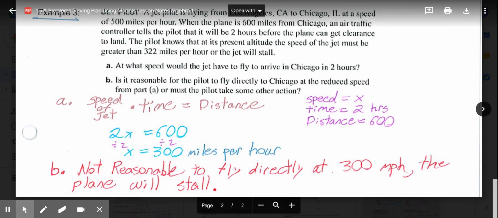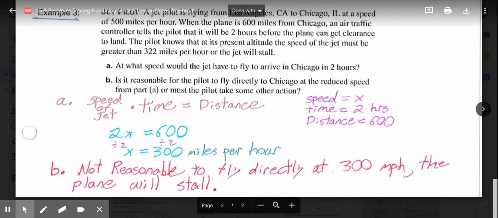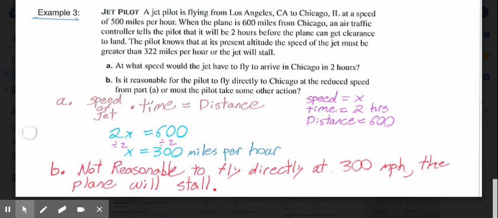So it's not reasonable to fly directly there at 300 miles an hour. Our plane will stall, so our pilot would have to do something different, such as changing altitude, circling around, things like that. So in this case, it would not be reasonable to fly directly there at 300 miles an hour. Our plane will stall.